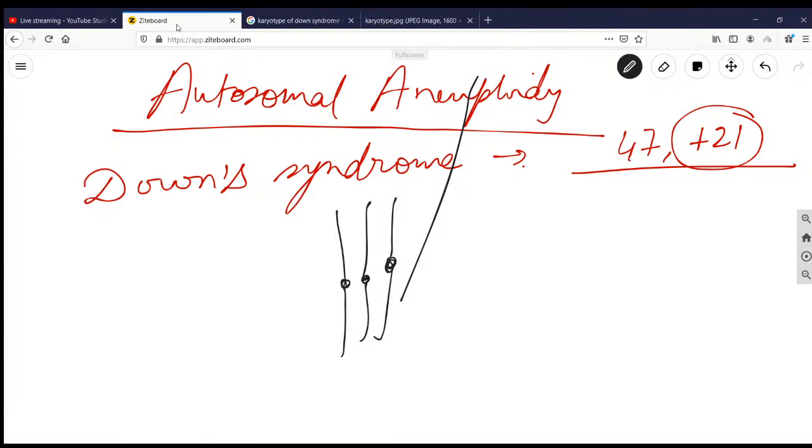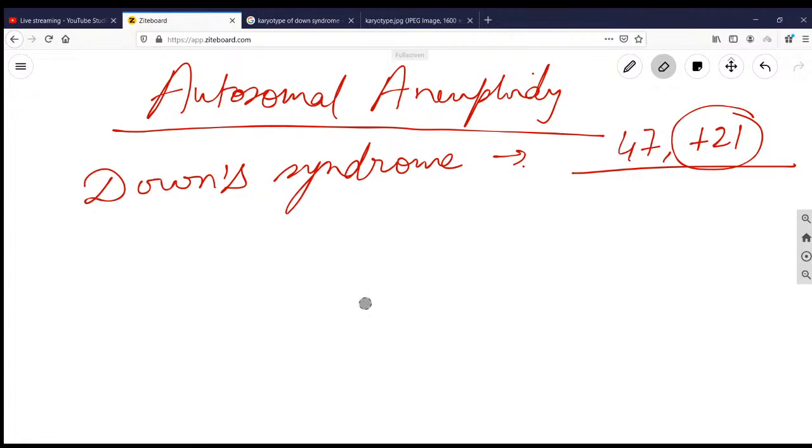Now, what will be the ramifications, the consequence of having trisomy on the 21st chromosome? So what is happening here? All the genes which are present on the 21st chromosome will be coded more, because you have one more chromosome there. So those genes will be expressed more.